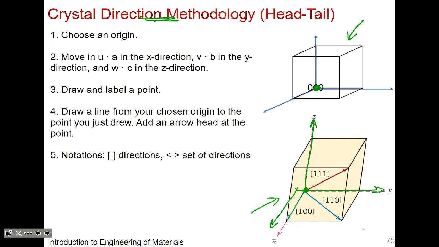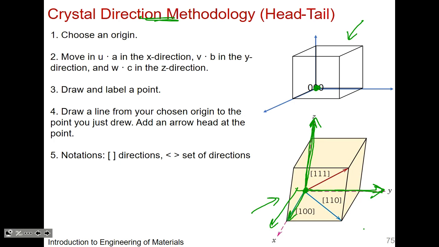And you move in the fractional form, okay? So how much do you move along this unit vector versus the y unit vector versus the z unit vector? And then once you've traveled that far, as denoted by what someone's telling you or whatever's on the page, then you draw and label that point.